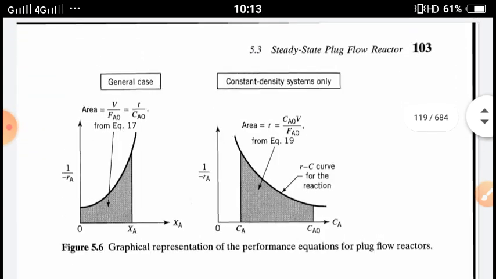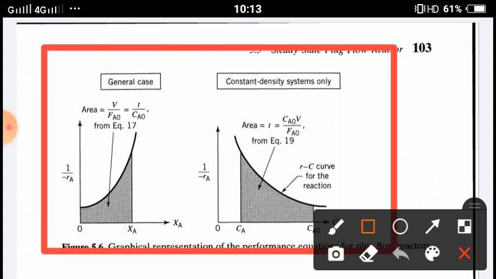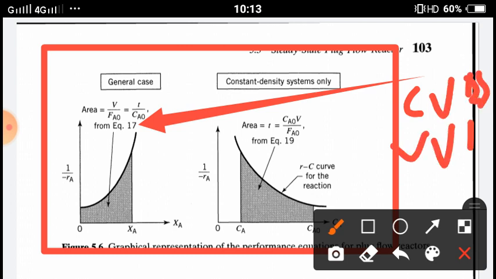As you can see over here, this is how they will represent the graph. This is the general case we saw earlier, and it can be represented for CVRS and VVRS both. And this case is for CVRS because over here we have taken the concentration but not the conversion.